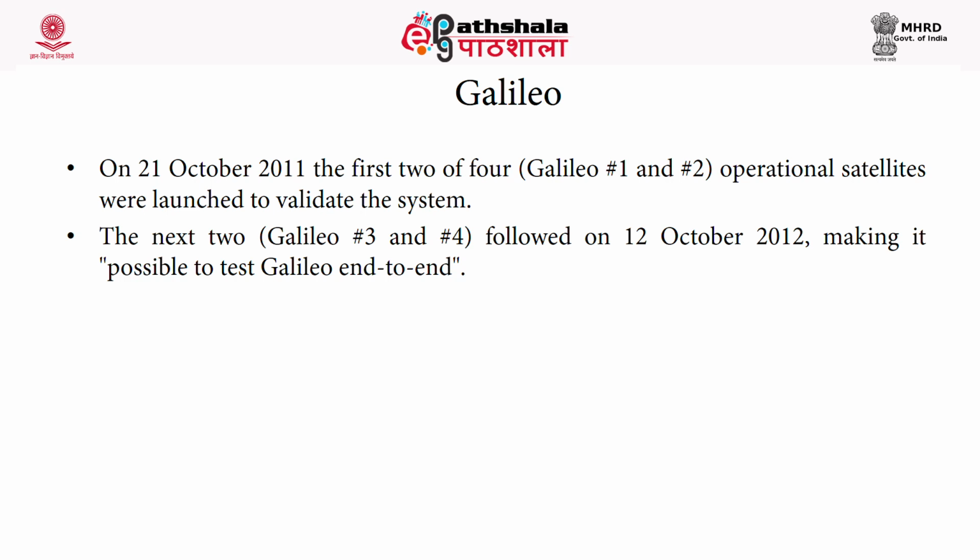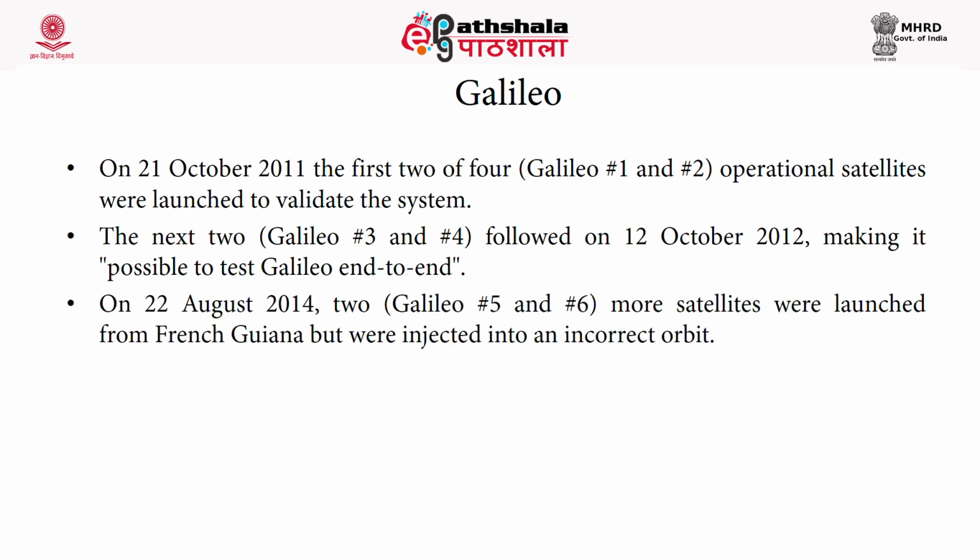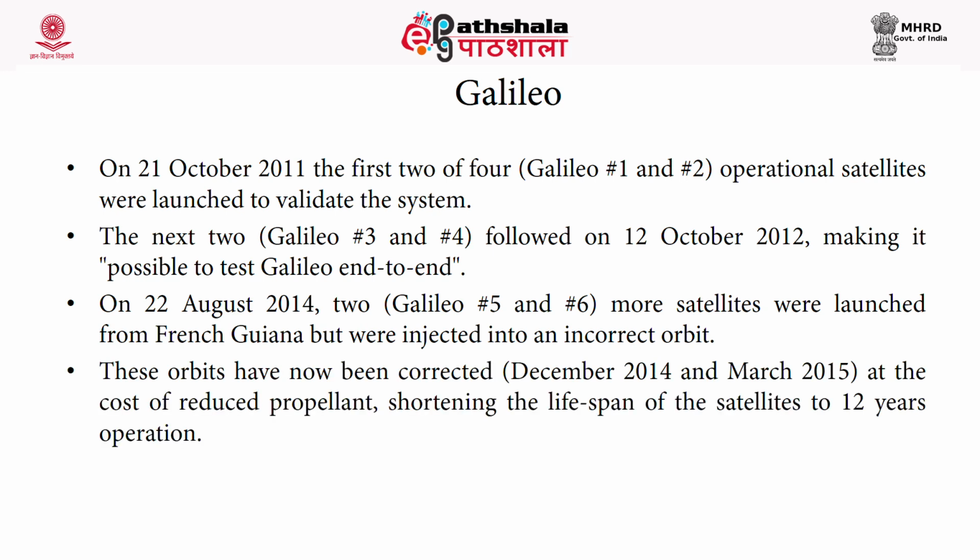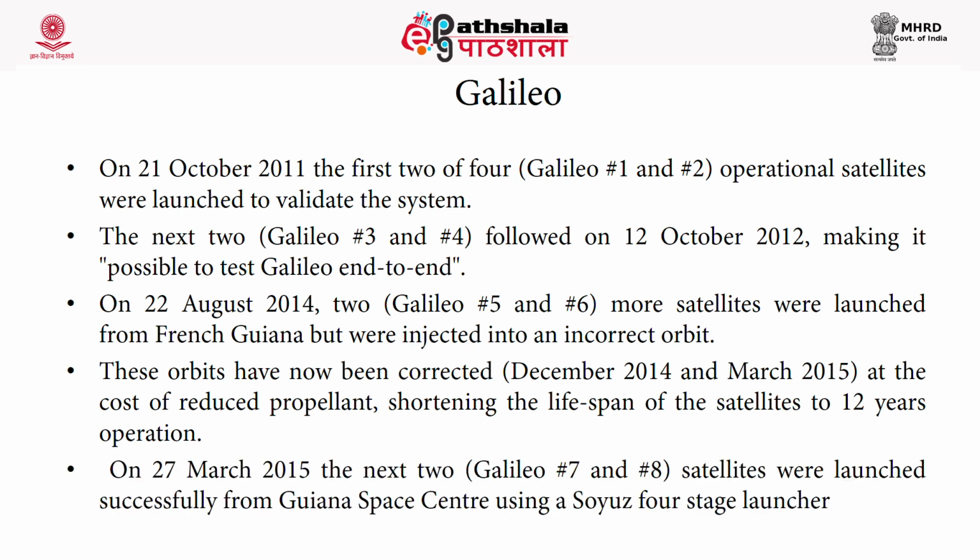On 22nd August 2014, the fifth and the sixth satellites were launched, but were injected into an incorrect orbit. However, these orbits have now been corrected at the cost of reduced propellant, thus shortening the lifespan of these satellites to 12 years. On 27th March 2015, the 7th and 8th satellites were launched successfully using a Soyuz space launcher.